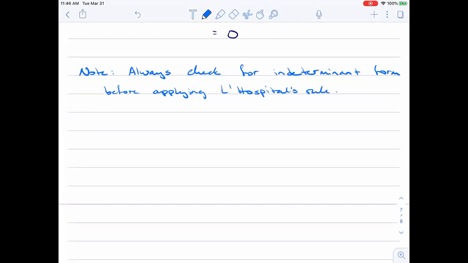Because now we've got this fun trick for dealing with limits, but remember, it has to be an indeterminate form for it to guarantee to work.